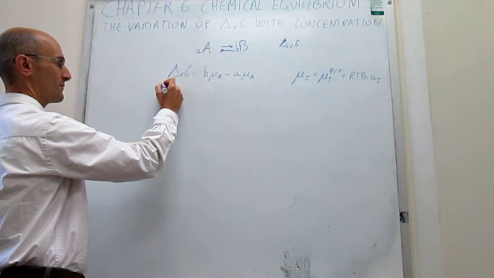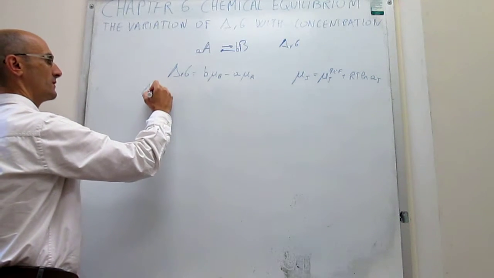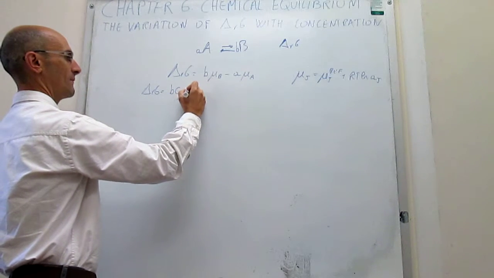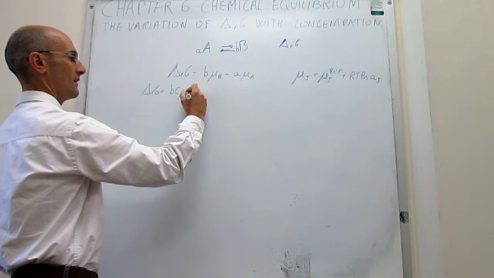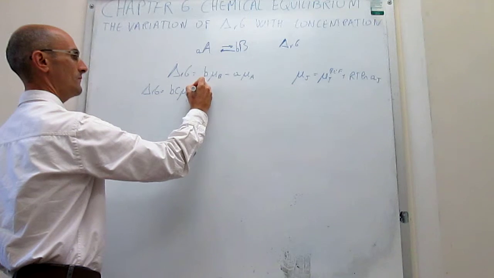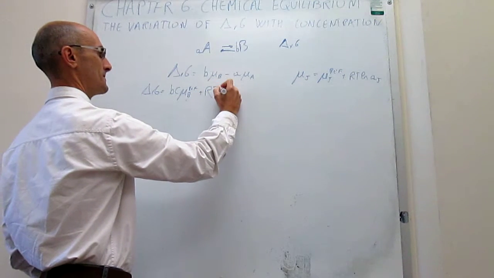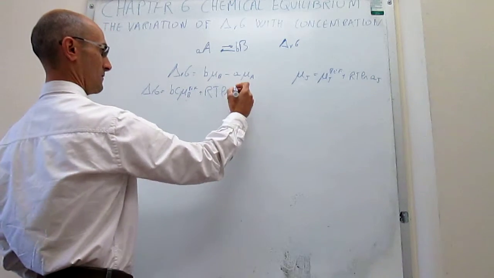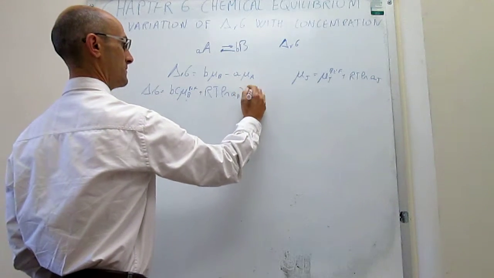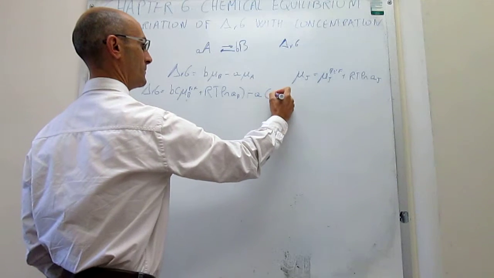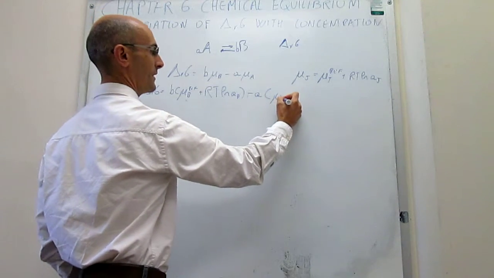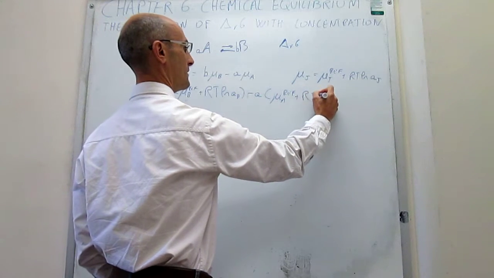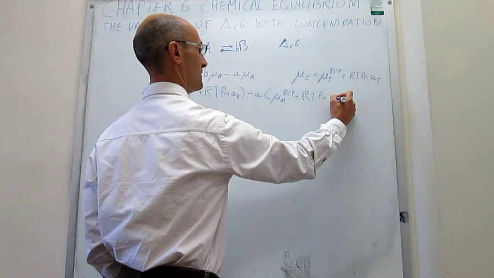So we find that ΔrG is b multiplied by the chemical potential of B at the reference plus RT natural log of the activity of B, and then minus a multiplied by the chemical potential of A at the reference plus RT natural log of the activity of A.